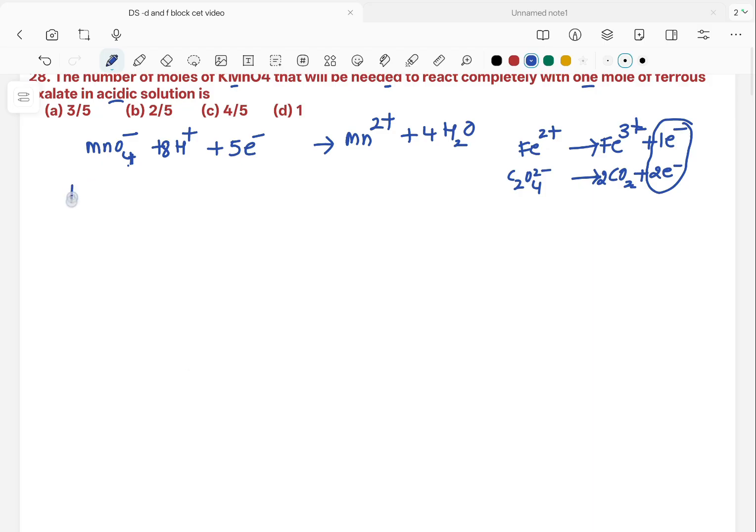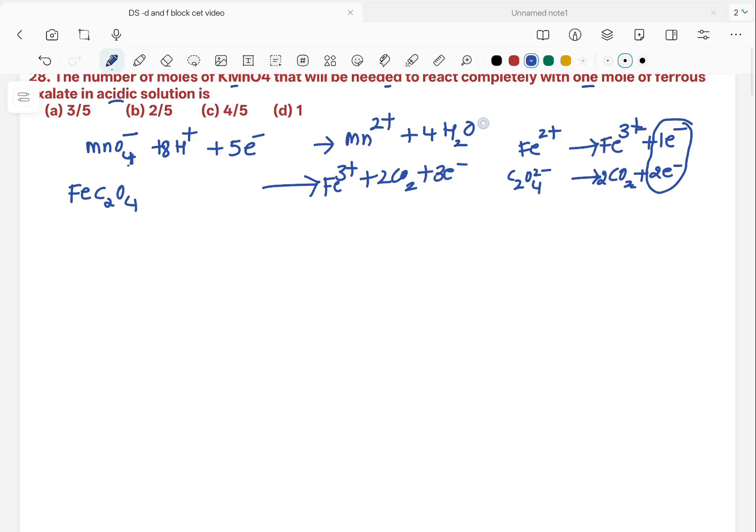Let us copy that reaction here, where FeC2O4 will get oxidized to Fe3+ and carbon dioxide by losing 3 electrons.